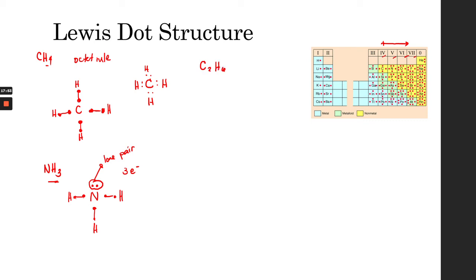C2H6. How am I going to write C2H6? We know that C has 4, and the other C also has 4. And then I have 6 electrons. So how am I going to write this? First, let's connect the carbons together.